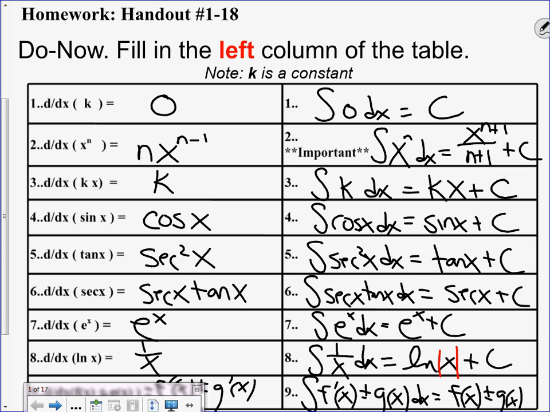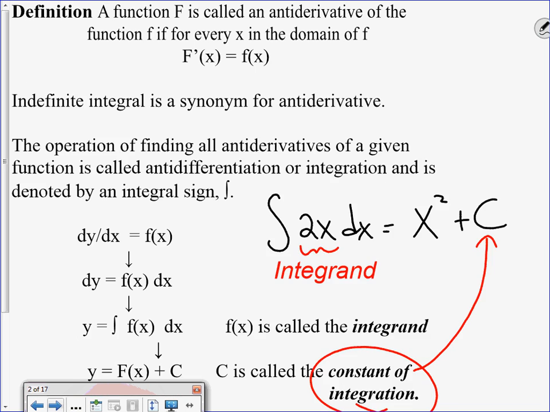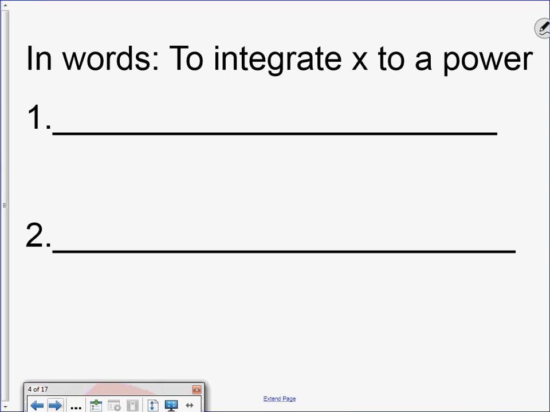Anytime you want to find the antiderivative of x to an exponent, we add 1 to the exponent and then divide by the new exponent or multiply by the reciprocal of the new exponent. So let's put that in words. If you want to integrate x to a power, what do we add to the power? We're going to add 1 to the exponent. And then you have a choice.